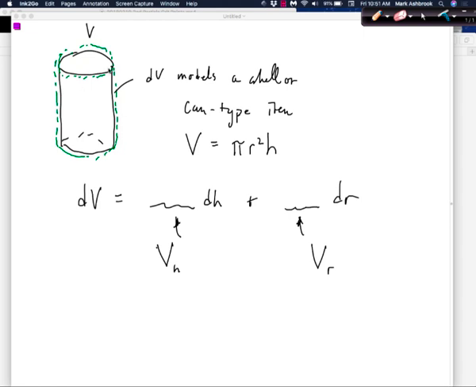But increasing dh, there's two places where dh occurs, but dr there's only one, and it takes care of all the way around. I think they kind of gave you a little hint there too. They're like, be careful on this, right? So dh is going to have the effect of both the top and the bottom, whereas dr is just the one change in radius. Okay, anything else?